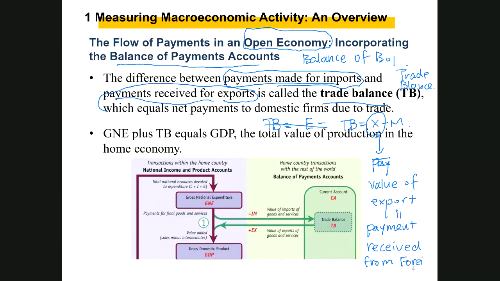The foreign country we look at here means the rest of the world, okay? And M, on the other hand, is the value of the import goods, right? So the value of the import goods is supposed to be not your revenue, not your payment received. It's supposed to be the payment you made for import goods.